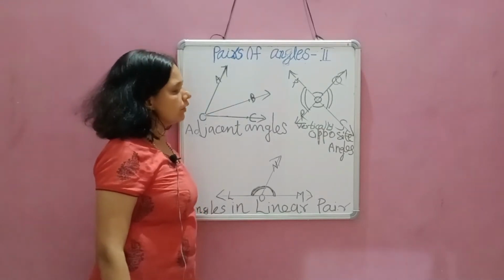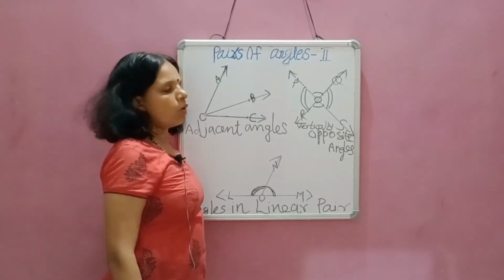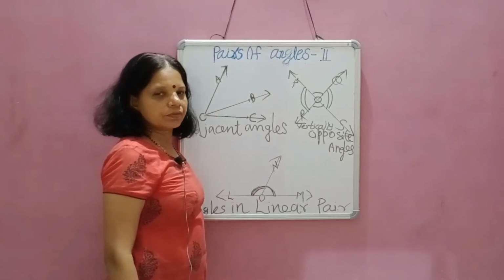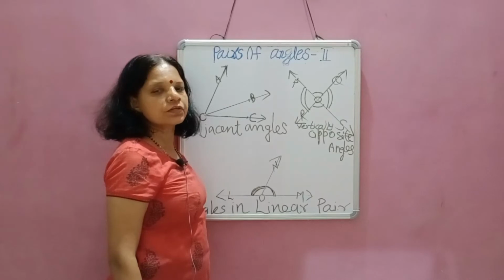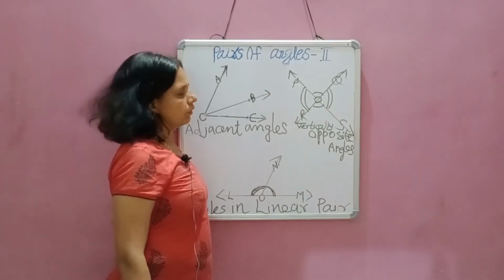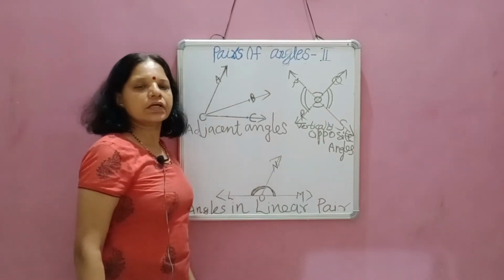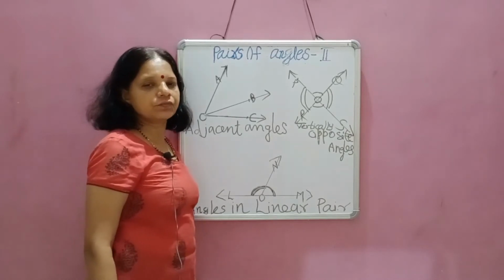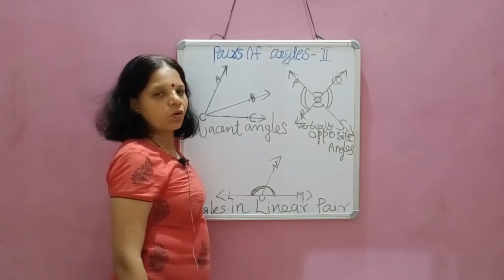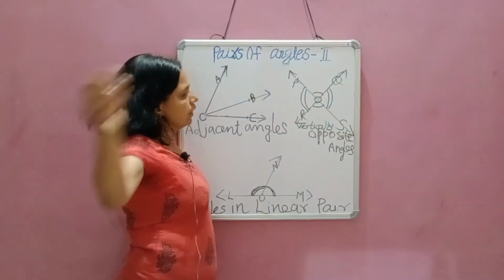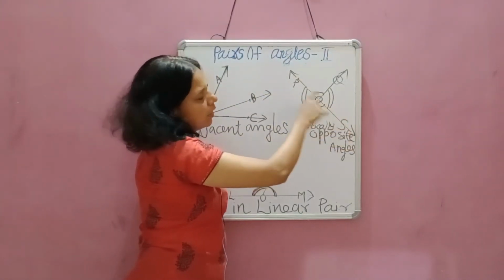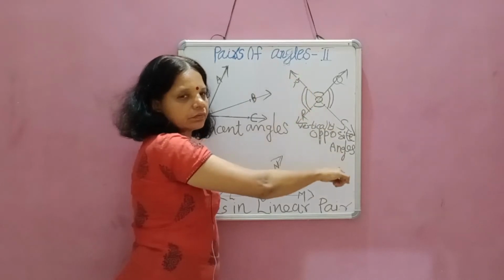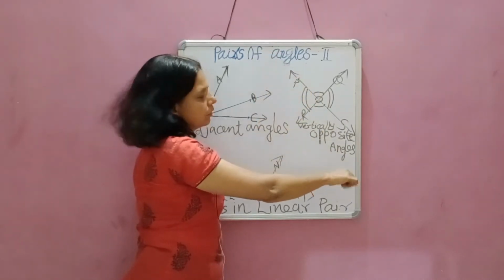So what is the condition for two opposite angles? Their sides form pairs of opposite rays. The sides of two vertically opposite angles form pairs of opposite rays. See here, OP and OS are opposite rays, or they form a line.